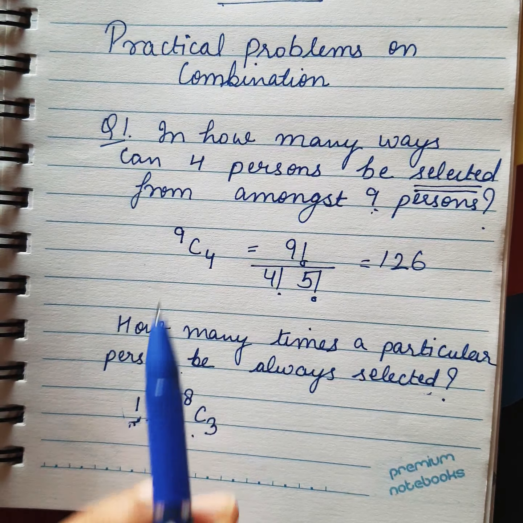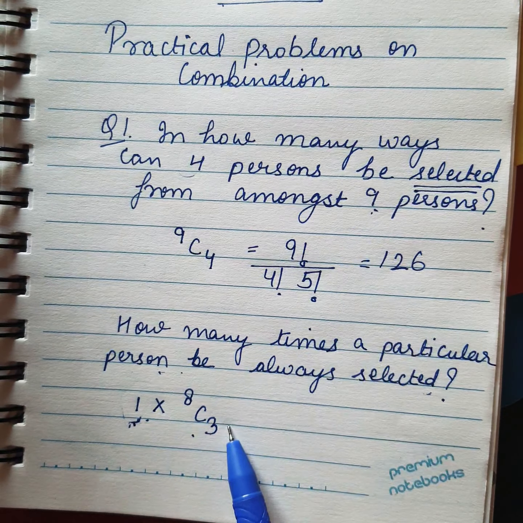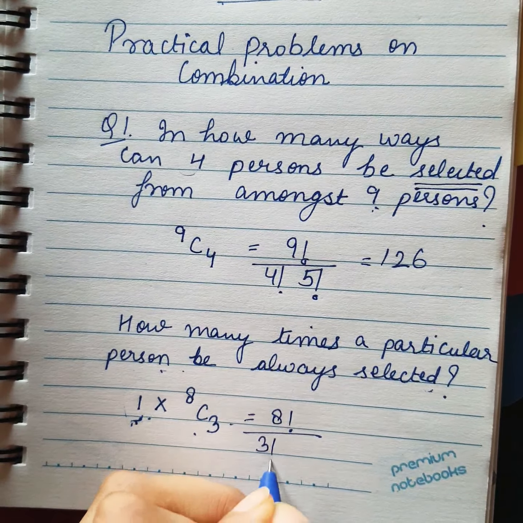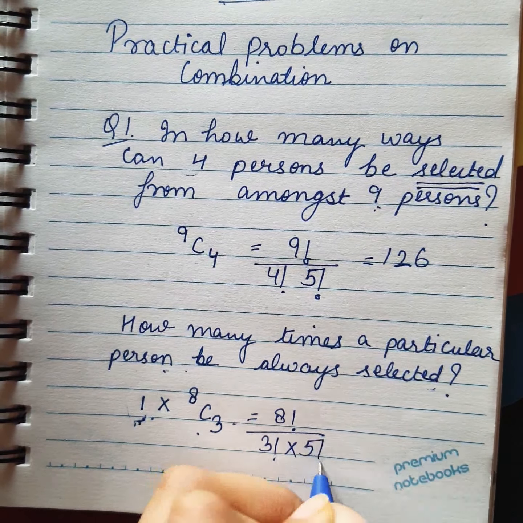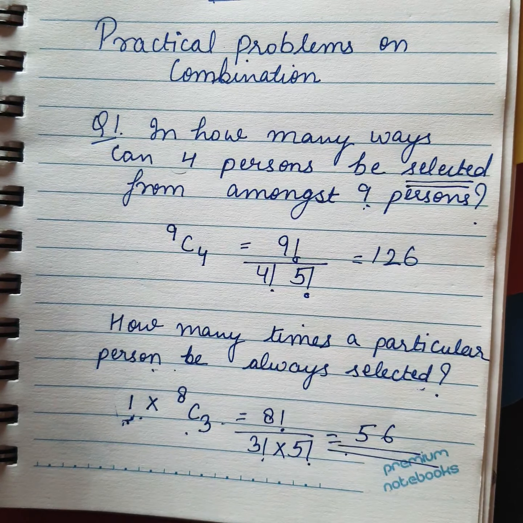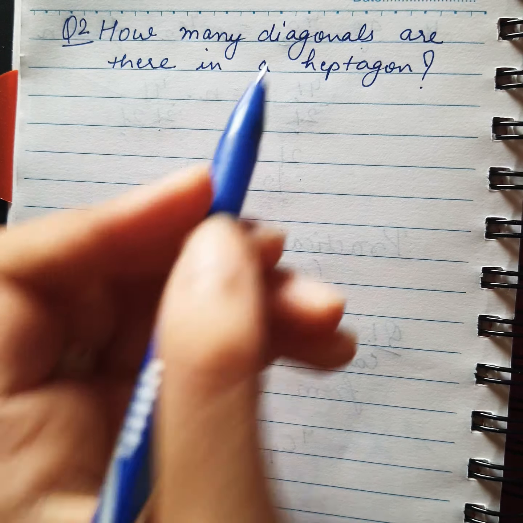The remaining 3 persons will be selected from the remaining 8 persons. So 8C3 we will solve: 8 factorial upon 3 factorial into (8 minus 3) factorial, 5 factorial, that will give you 56. 56 combinations are possible.